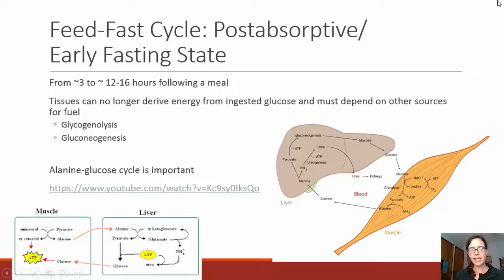So with the glucose-alanine cycle, we're able to break down protein from the muscle for energy, get the nitrogen out of the muscle to the liver where it can be excreted in the form of urea, and then we send the glucose back to the muscle so that the muscle can use it, can again break it down to pyruvate.